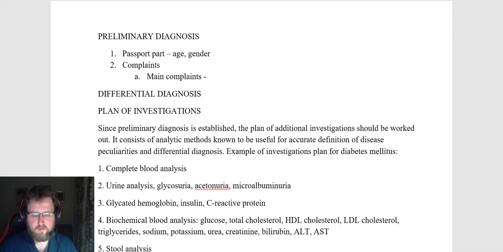They are pain in the right iliac region. Next, while describing where this pain came from and how it began, we know that this pain occurred about 6 hours ago.